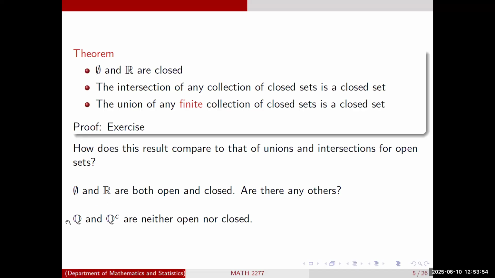Now, we also saw that the rationals and the irrationals are neither open nor closed. So they are not open and they are not closed sets. And again, are there any other subsets of real numbers that are not open and not closed at the same time? The answer is yes. So it's not like the first case with the empty set and real numbers.